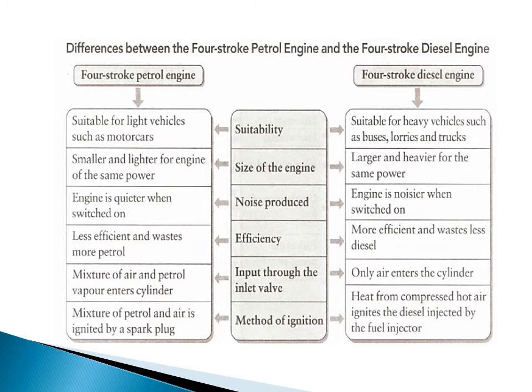For suitability, the petrol engine is suitable for light vehicles such as cars or motor cars. The diesel engine is suitable for very heavy vehicles such as buses, lorries, and trucks. Okay, for size of engine, the petrol engines are smaller and lighter.